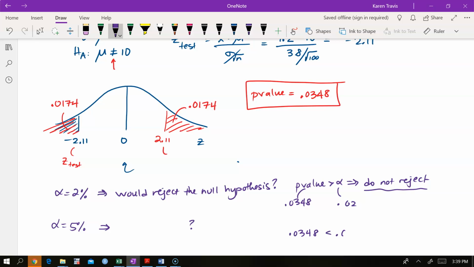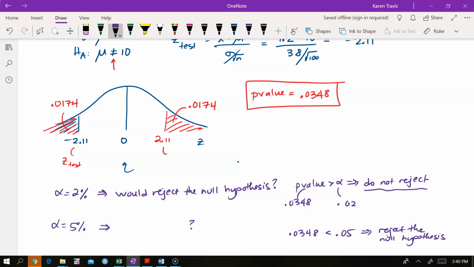But now it would be smaller than 5%, and we would say we do reject the null hypothesis, which means if we're willing to have 5% chance of error that we mistakenly rejected the null, then with 5% error, we go ahead and say we have strong enough evidence to prove to us that the mean is not equal to 10.